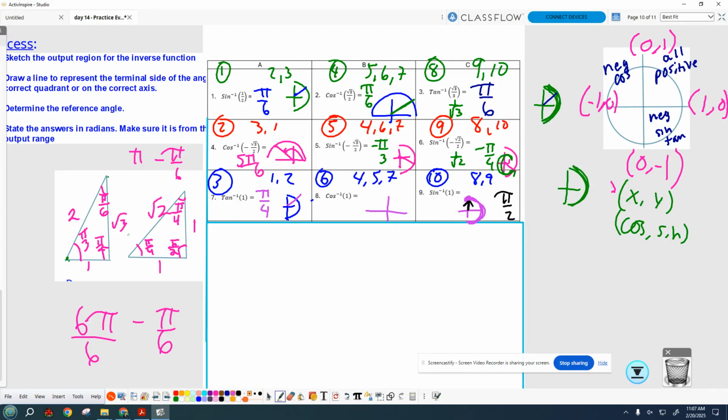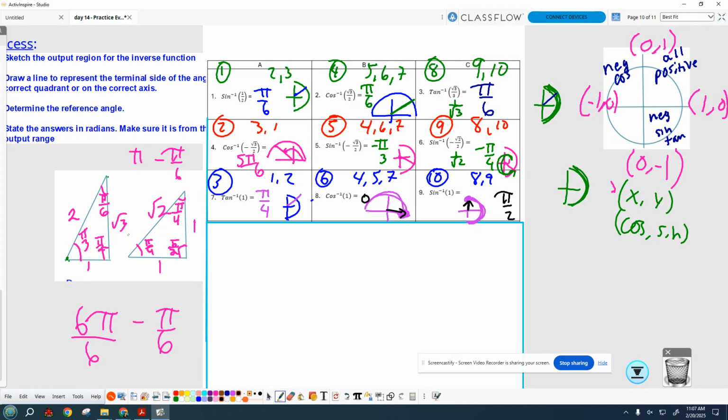Cosine, is it snow angels or windshield wiper? Windshield wiper, okay. Where is cosine 1? Is it the x value or the y value? Your partner just saying. X. So what angle takes us there? 0. Just 0?